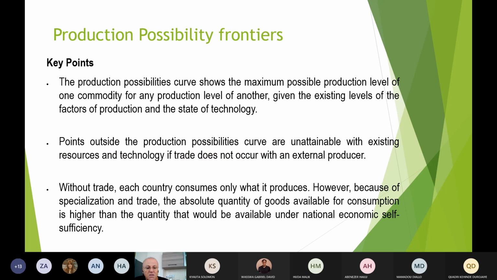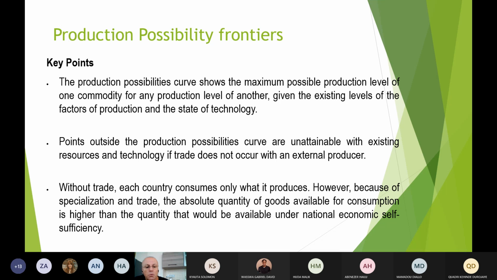Without trade, this is not achieved, and each country consumes only what it produces. However, because of specialization and trade, the absolute quantity of goods available for consumption is higher than the quantity that would be available under national economic self-sufficiency.